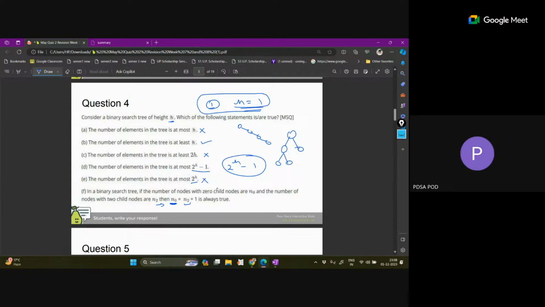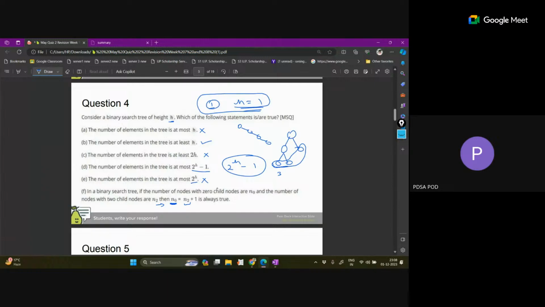If you draw any binary tree or binary search tree and count the nodes, I can also prove this. N0 is the number of nodes which have no child, the leaf nodes, and this equals the number of nodes with two children plus 1.